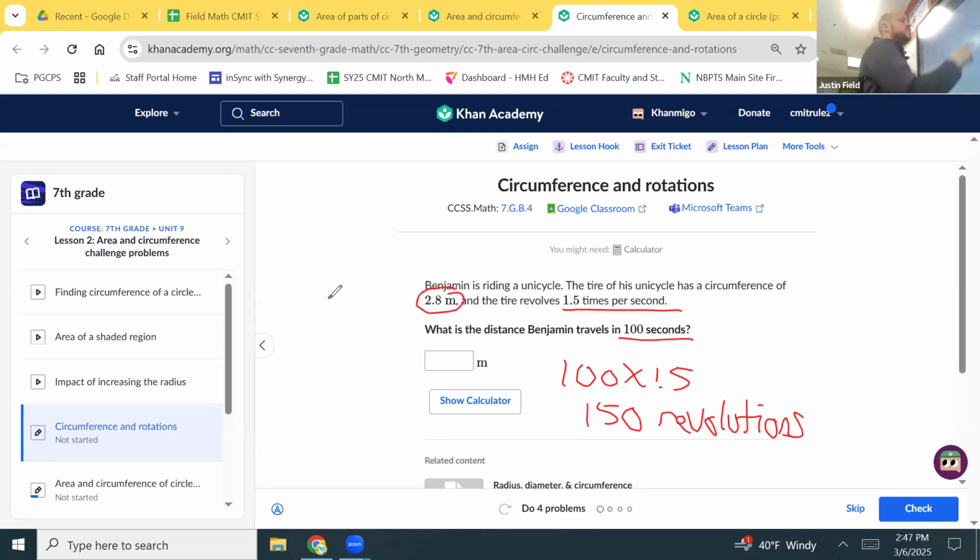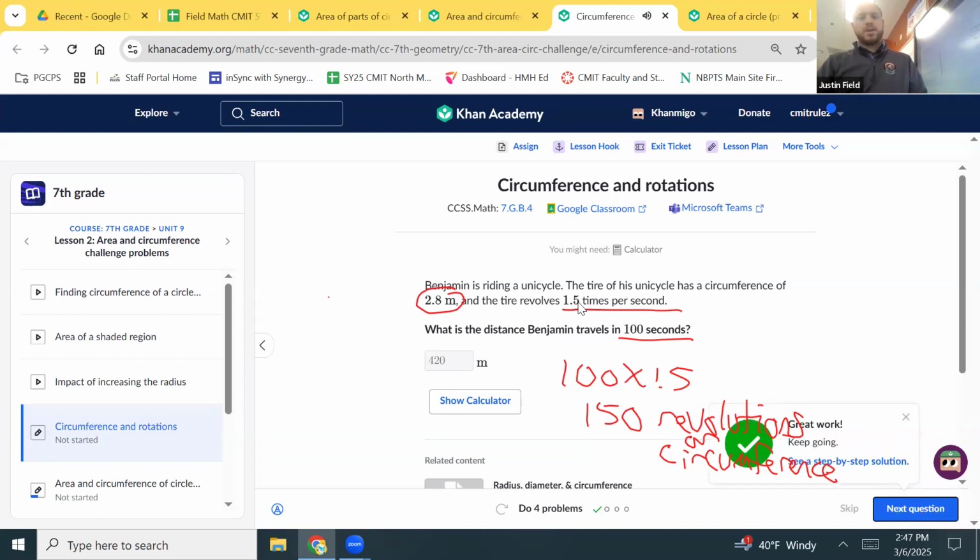The circumference is 2.8. So what do we want to do with the 2.8 and the 150? We want to multiply them. 2.8 times 150, you know what, I'm rushing. It's 2.8 times 150, and it is 420 meters.